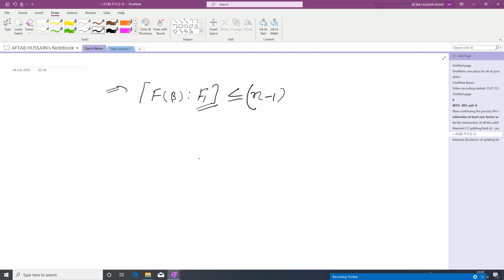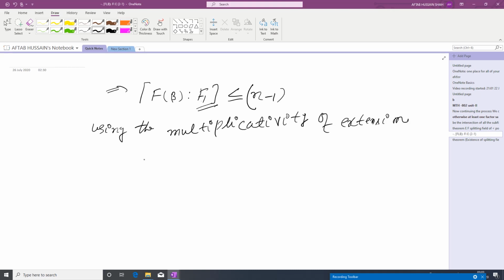Now we know that the extension degrees are multiplicative. By using the multiplicativity of extension degrees, if E is the splitting field of this polynomial f(x), then we are reaching this E in finitely many, in fact n, steps.